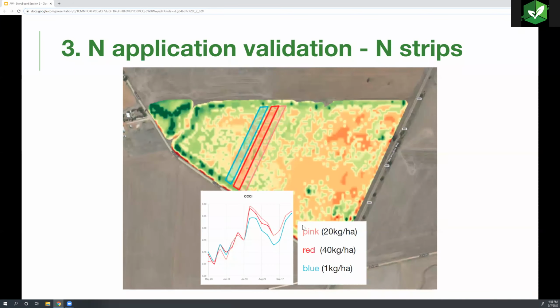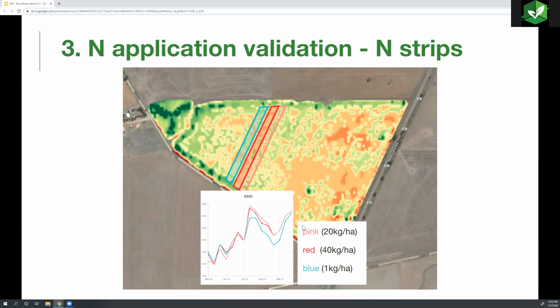So the conclusion was, it looks like there was no point in adding an extra 20 kilograms per hectare. The chlorophyll index highlighted that the crop was not sensitive anymore, and that extra 20 kilograms of application pretty much went to waste.